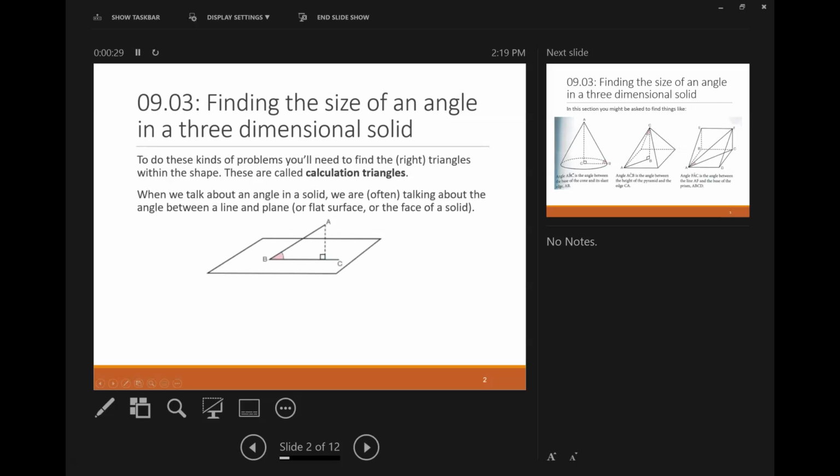So oftentimes when we're talking about the angle, we're going to want to talk about the angle between a segment and a plane or a face of our three-dimensional figure. So any segment inside of that plane is going to have an angle between that segment and the plane, right? So I just wanted to point that out. You guys get what I mean?